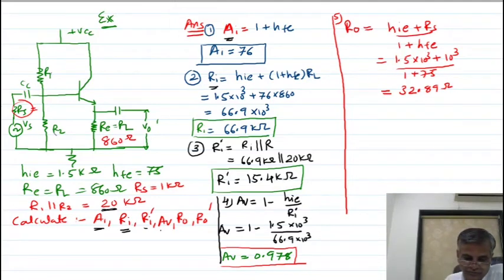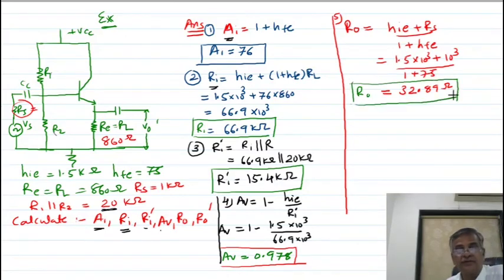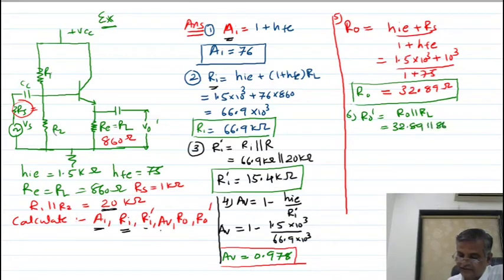So this is your RO. It's very easy, you only have to remember the equation. They are also asking RO dash, which is RO parallel RL. 32.89 parallel 860 ohm, you will get RO dash nearly 31.68 ohm.